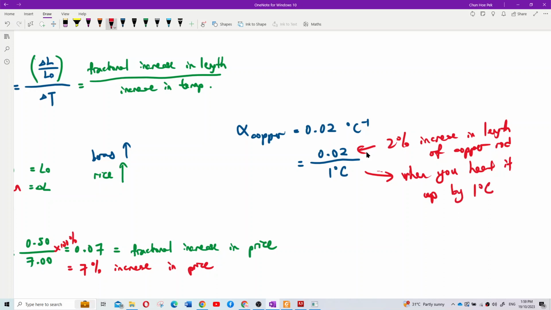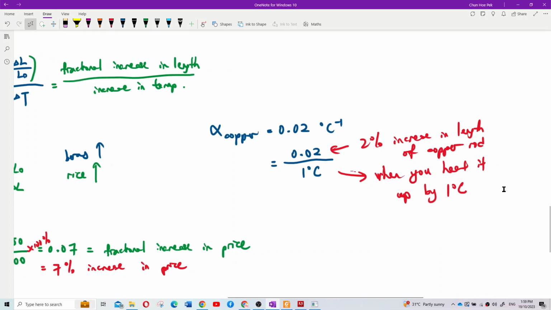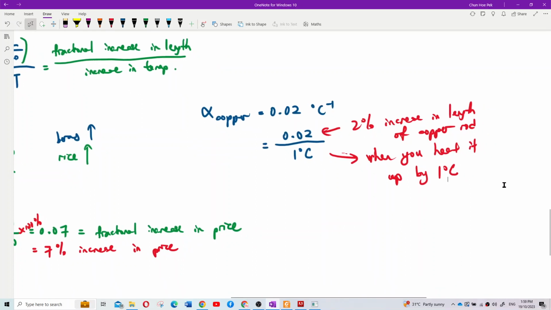Understand or not? If you understand, give a thumbs up. If I heat it up by 2 degrees Celsius, how many percent increase in length? It's a 4% increase in length of the copper rod when you heat it up by 2 degrees Celsius.